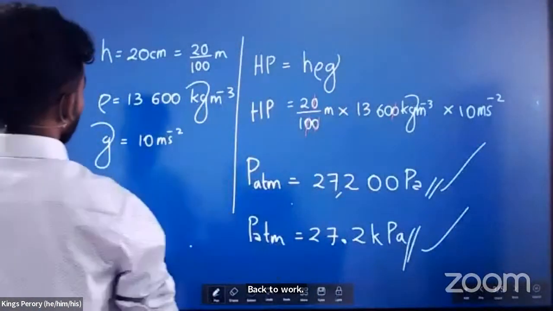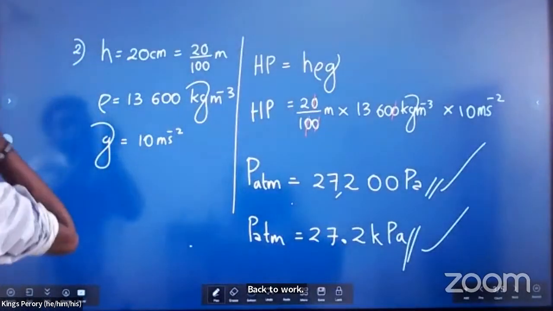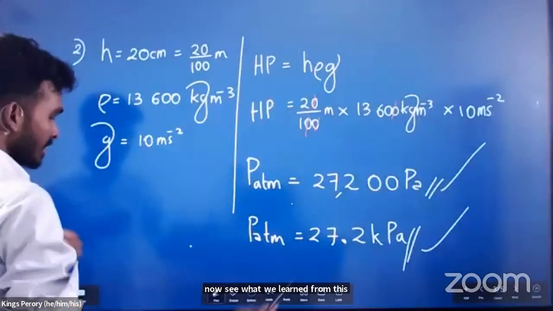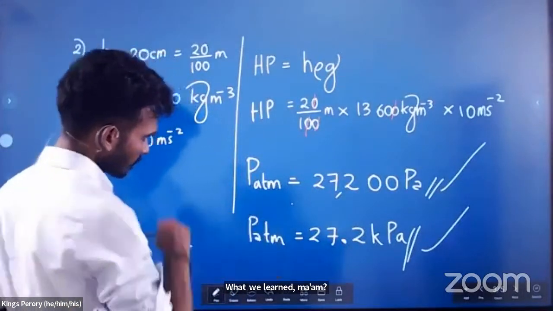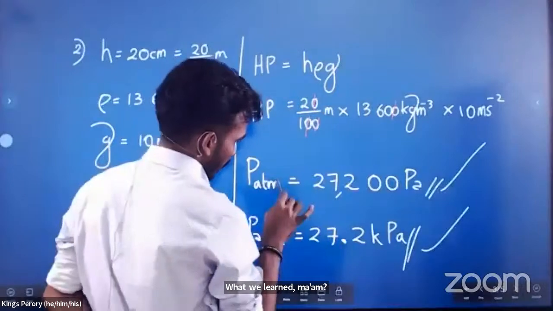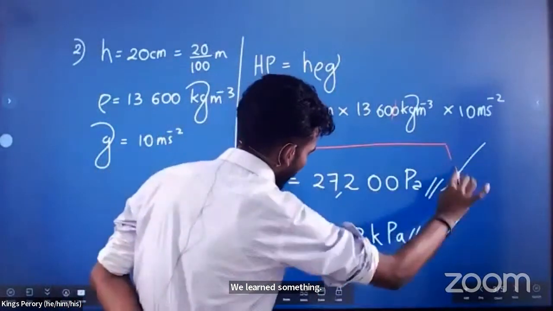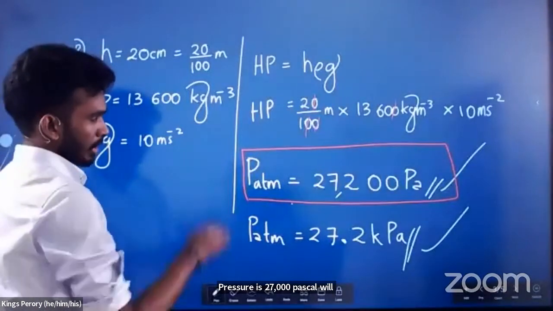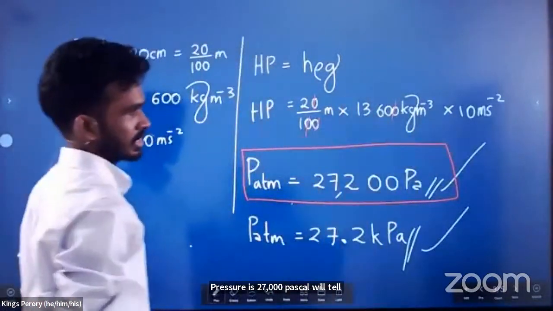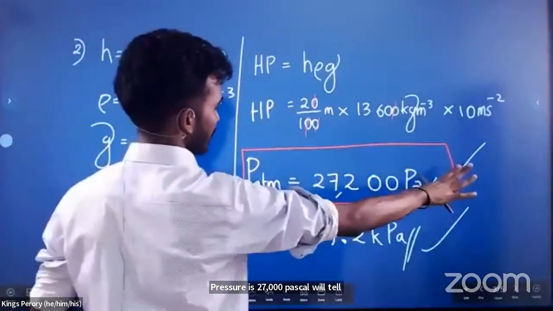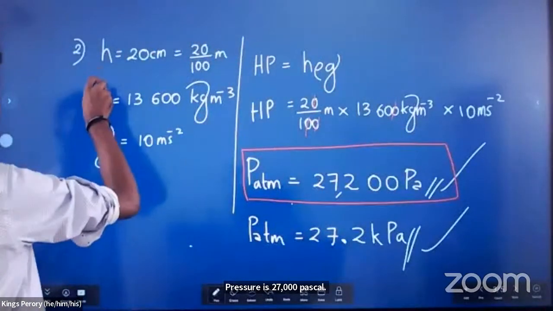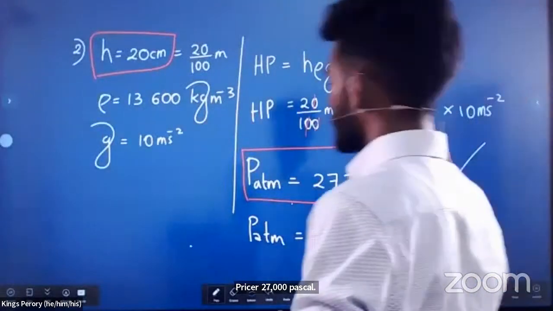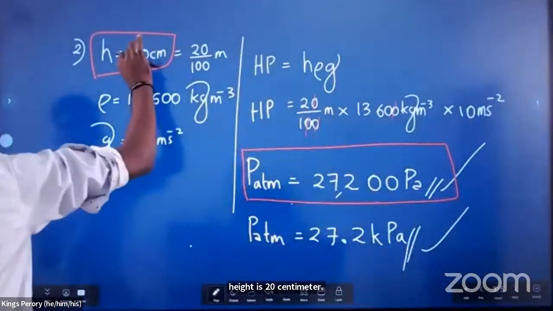Now see what we learned from this. Pressure is 27,000 Pascal, height is 20 centimeter.